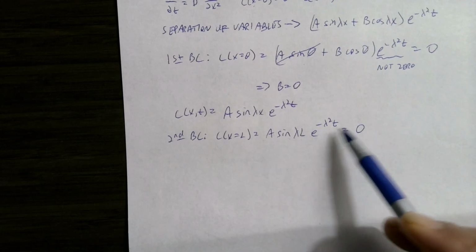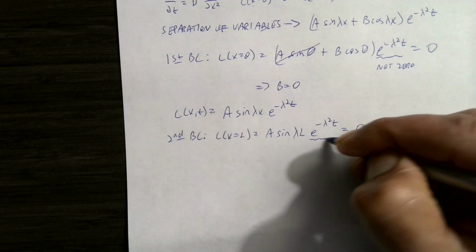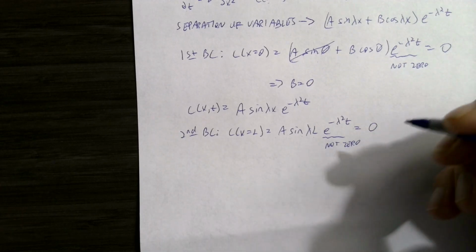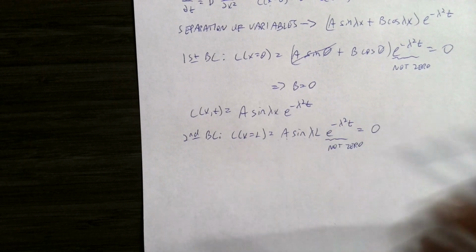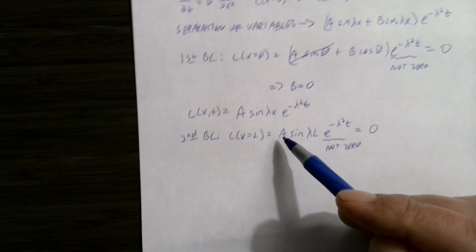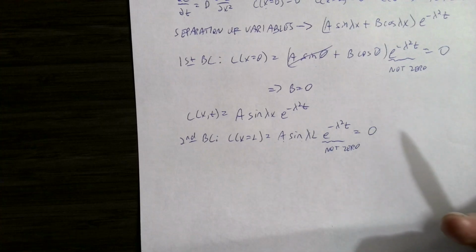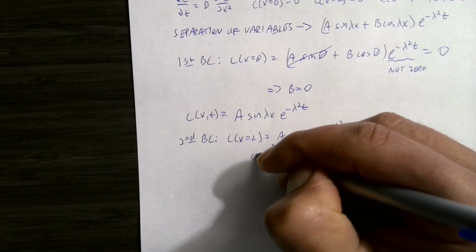We need one of them to be 0 to make this work. This exponential is not 0 ever, no matter what we do. And if a were equal to 0, then we'd have a pretty boring solution. The whole function would become 0, and that's not very interesting, so it can't be 0.